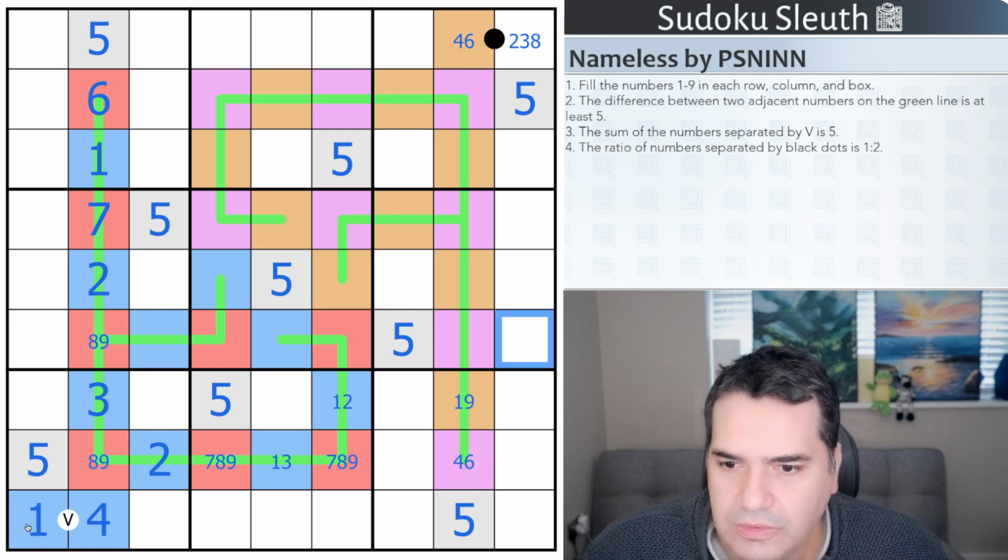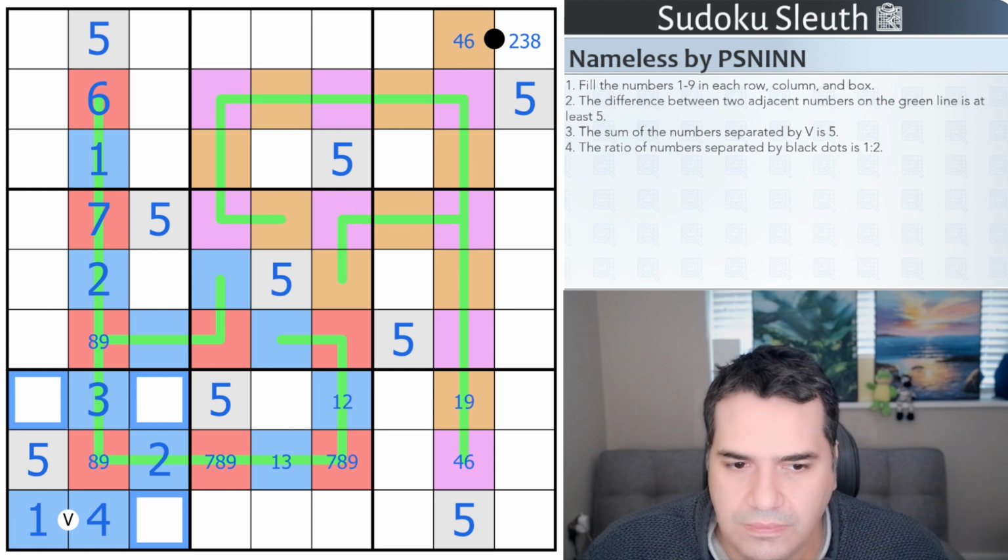So maybe the way to think about this is we placed all the low digits in here. So all the rest are high. Does that help me? Not yet.